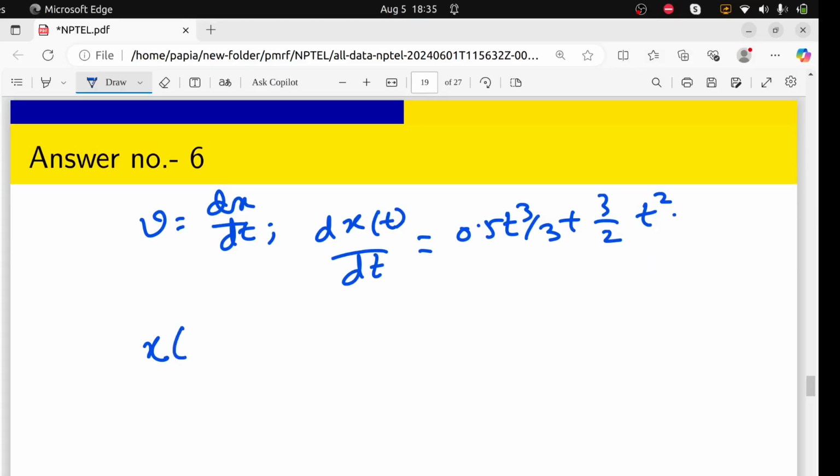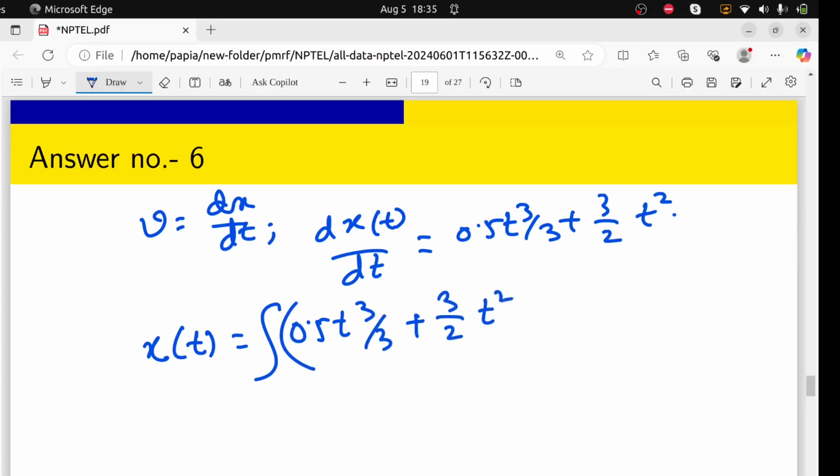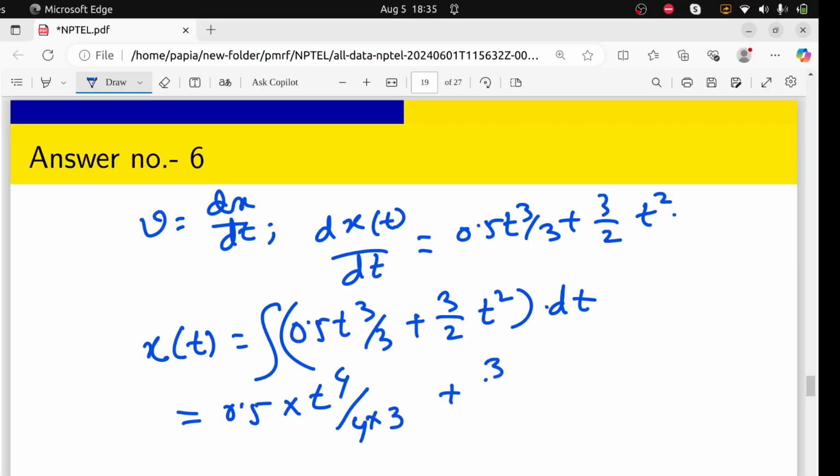Then what will be the value of x of t? x of t is simply the integral of 0.5 t cube by 3 plus 3 by 2 t square dt. So it will come as 0.5 t to the power 4 by 4 into 3 plus 3 by 2 t cube by 3, plus c2, let's say, another constant.